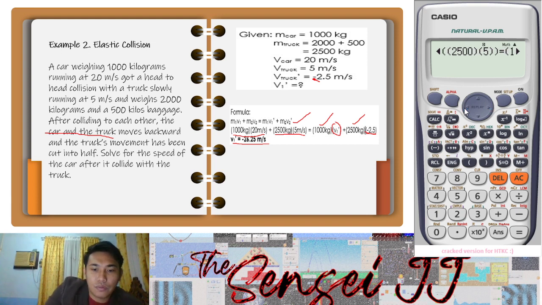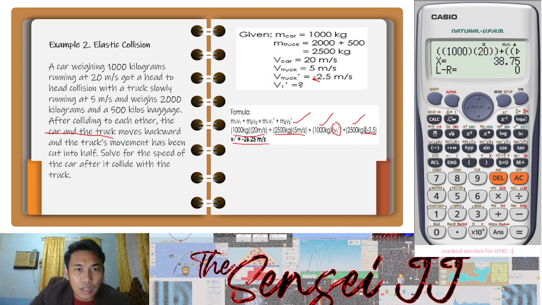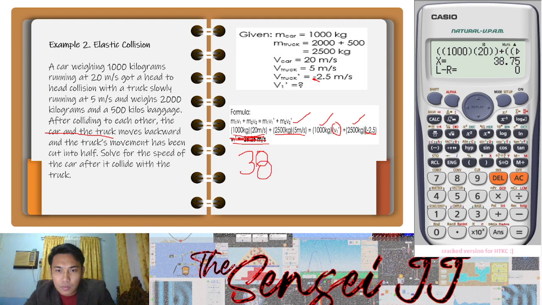multiplied by 5, and we have 1,000 multiplied by our x unknown, and we have 2,500 mass and negative 2.5, cut in half. So let's try to solve this one. And okay, so I guess there's a typographical error in this presentation. So we will be having a value of 38.75.